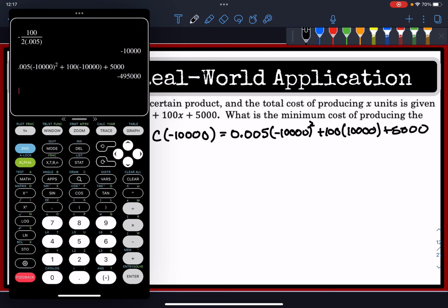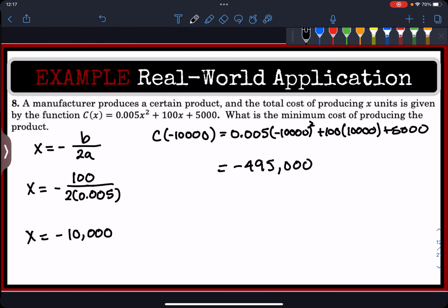Which we get to be a total of negative 495,000. So that's going to be our answer. That's the minimum cost for producing, again, X units of a specific item.